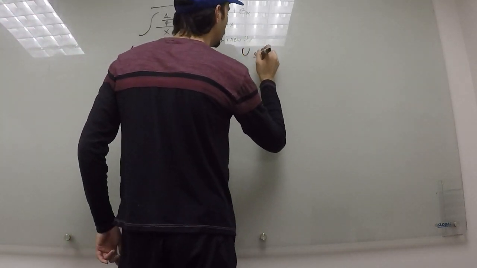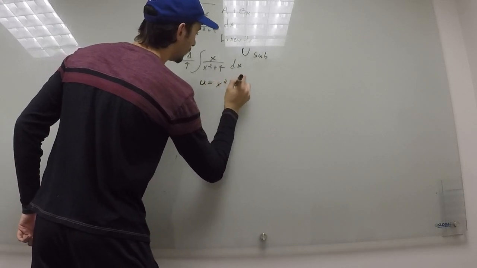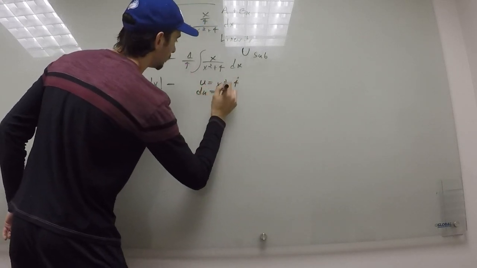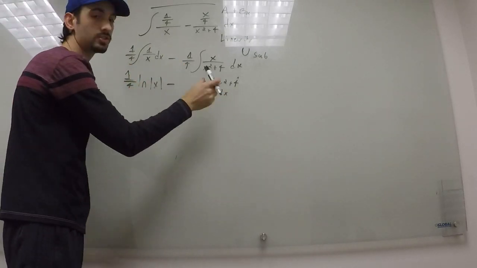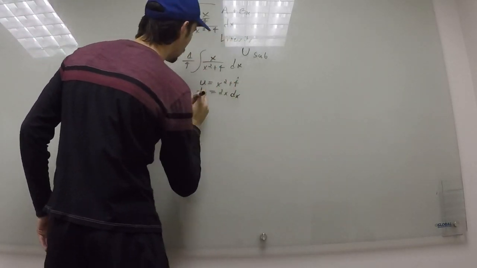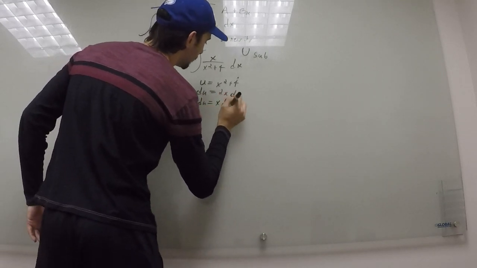We're going to do u equals x squared plus 4, du equals 2x. Since this doesn't match anything, we're going to do 1/2 du equals x dx.